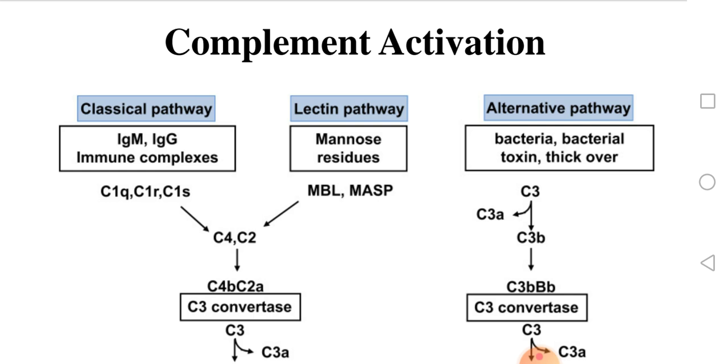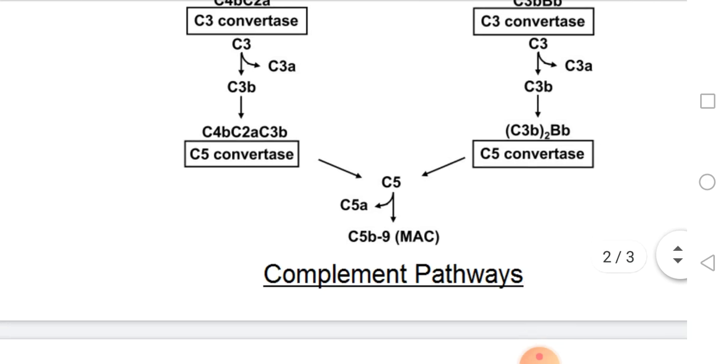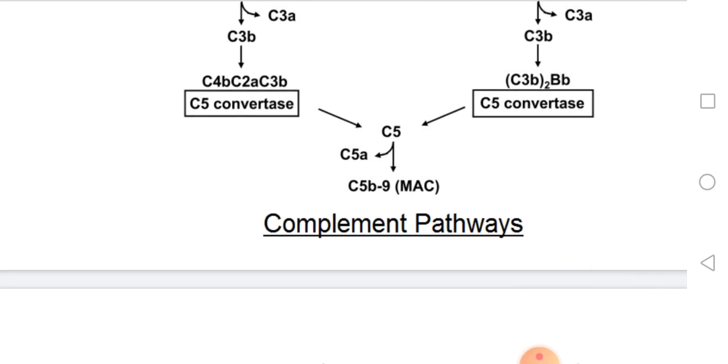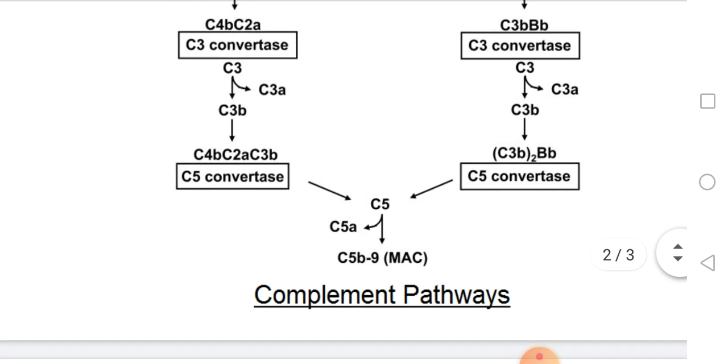This is the start of activation of the lectin pathway, and then after that it takes the same pathway of the classical pathway. You see here the arrow is going to C4 and C2. The end product of the lectin pathway is MAC, the membrane attack complex.